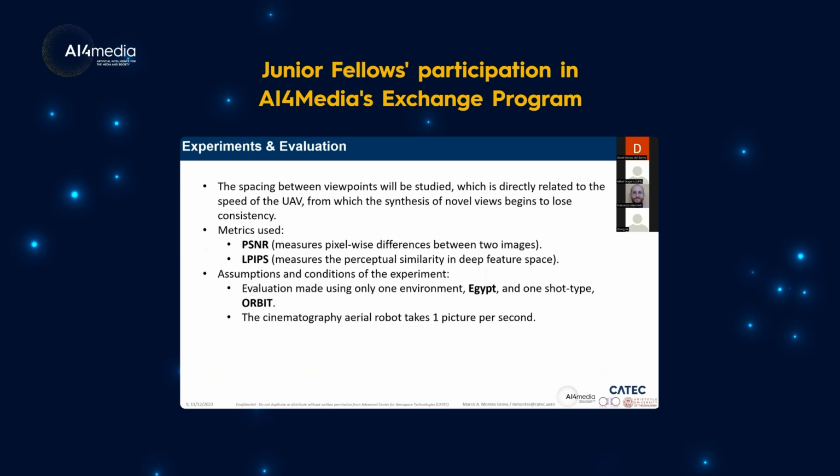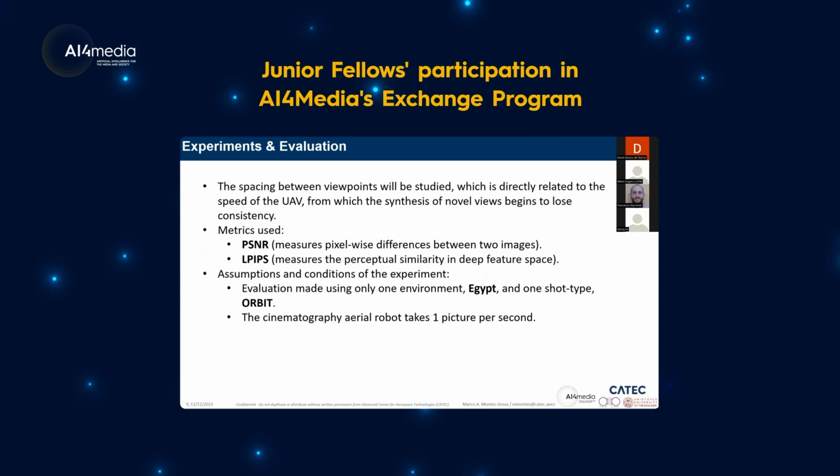To perform these experiments, we decided to make some assumptions and fix some conditions. The first one is that for now we are going to work only with the orbit subtype, and only with the pyramids, the monumental Egypt environment.